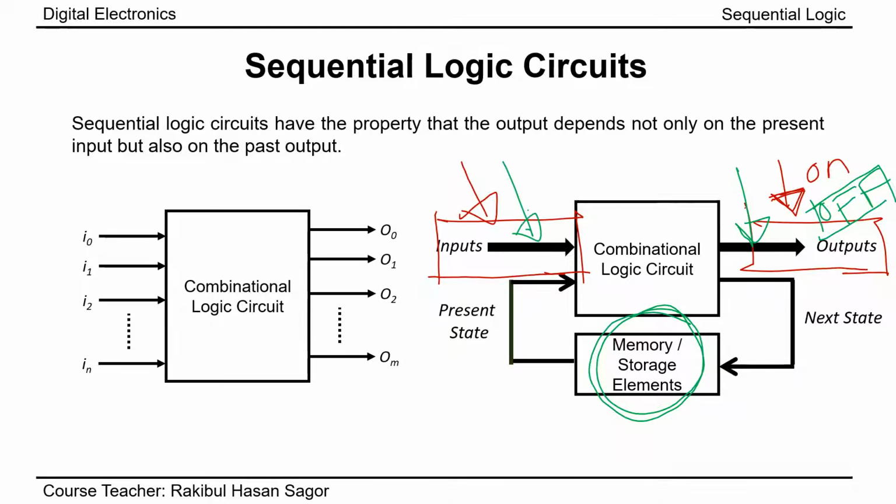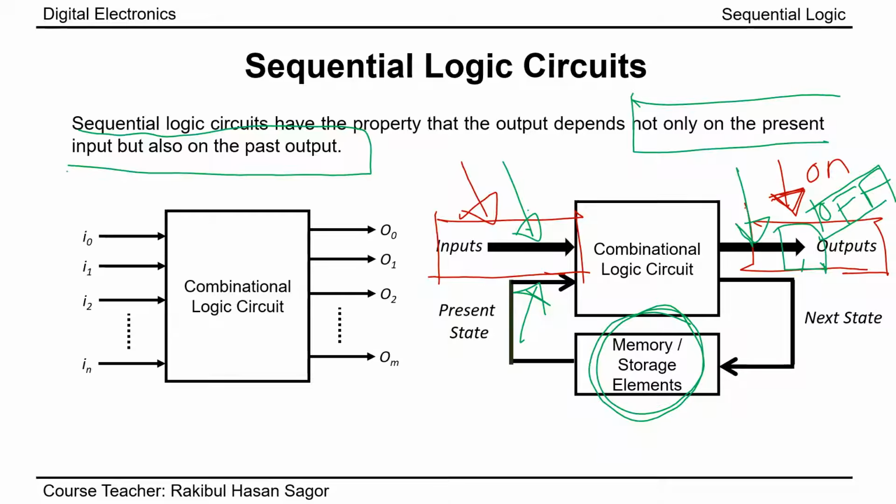So this input switch and the present state, which has been taken from the memory unit and was stored from the output panel, together will decide what the next output will be. So in this case we can see that output depends not only on present input but also on the past output.